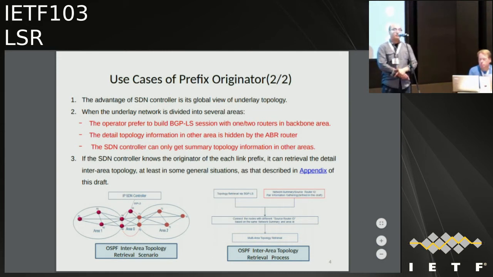And in this case, it needs a mechanism to collect or retrieve the topology of the other areas in the IGP domain. So in this case, this TLV can also help, and this will have some limitations, and this has been described in the appendix.